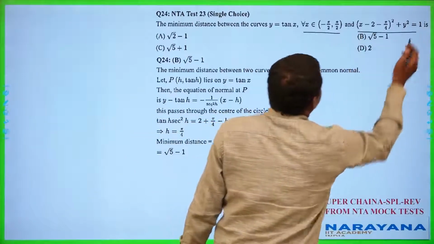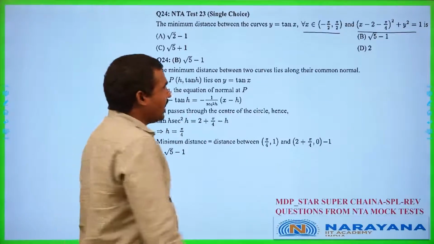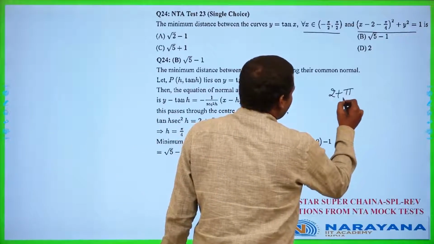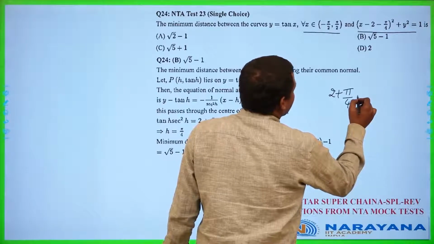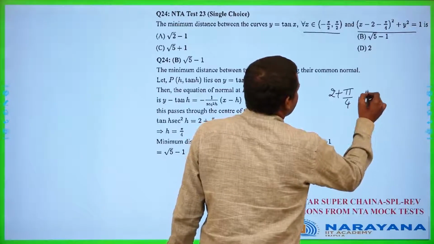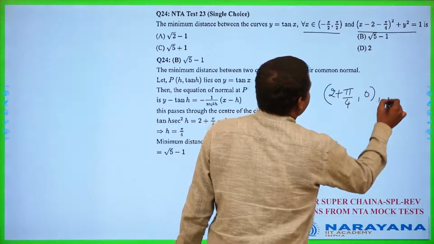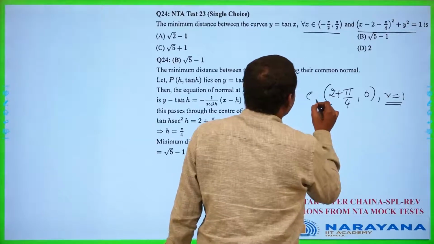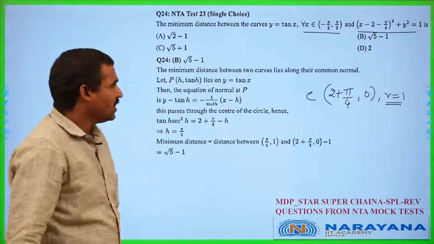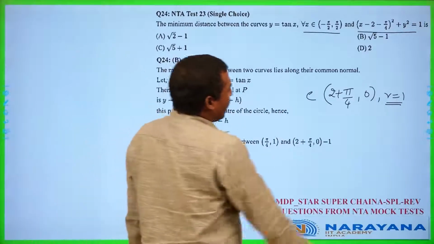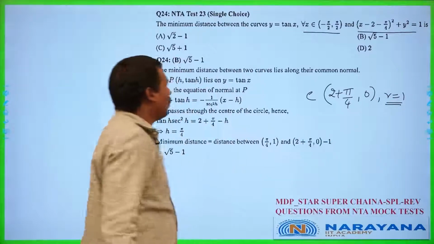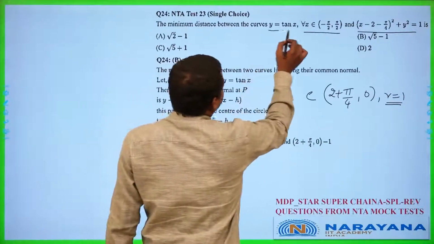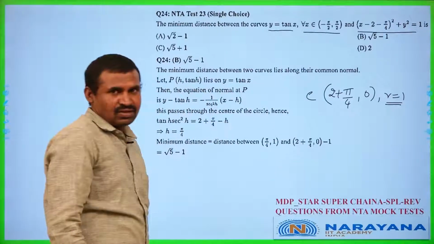This represents a circle with center 2 plus pi by 4 comma 0 and radius equal to 1. So, find the minimum distance between the curve y is equal to tan x and the circle.